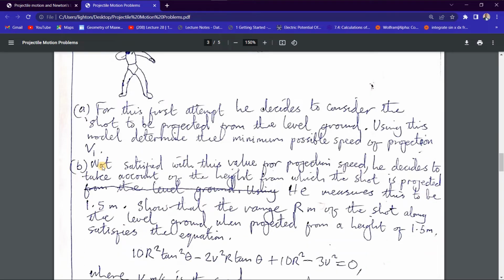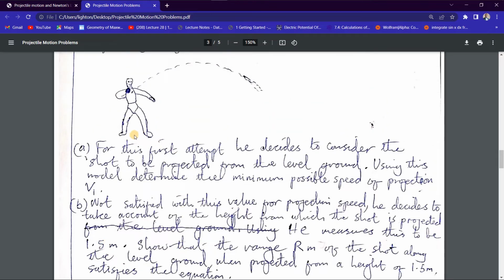I'll read the question again. Not satisfied with the value for projection speed, he decides to take account of the height from which the shot is projected. He measures this to be 1.5 meters. In other words, the distance from the ground where he's standing to where he's holding the ball is now 1.5.